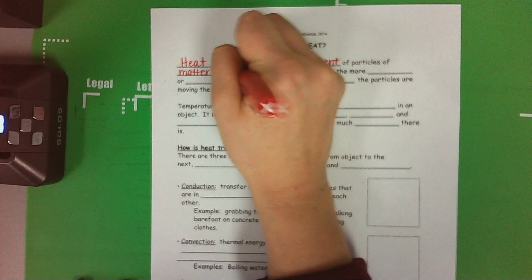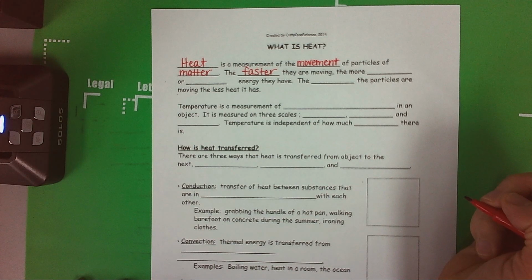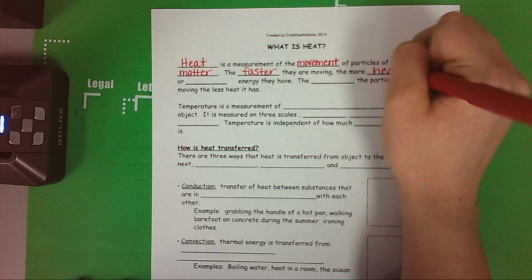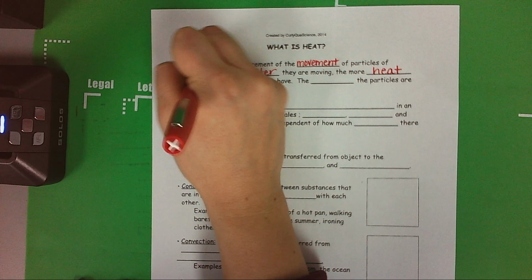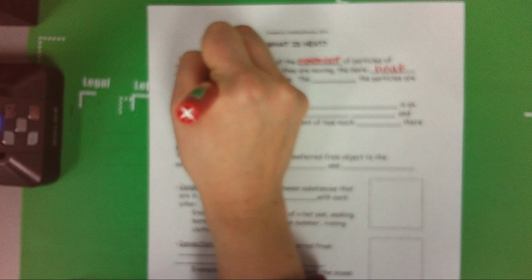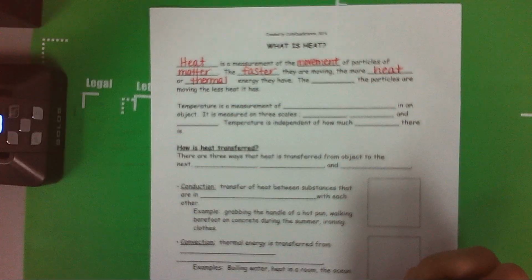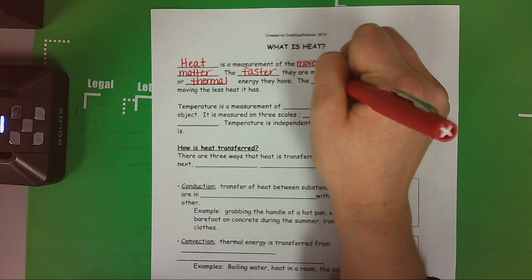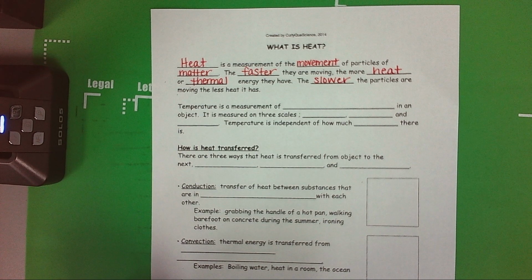The faster they are moving, the more heat or thermal energy they have. And regarding the particles, everything is made up of particles. The slower the particles are moving, the less heat it has.